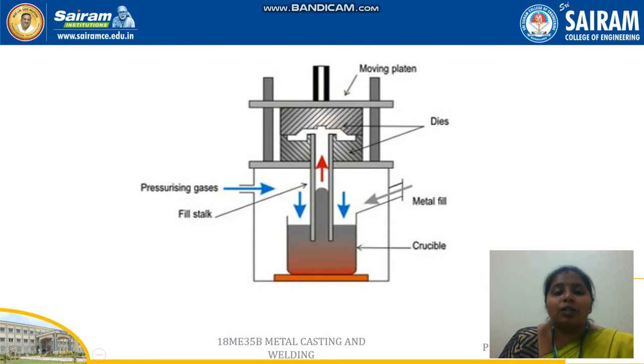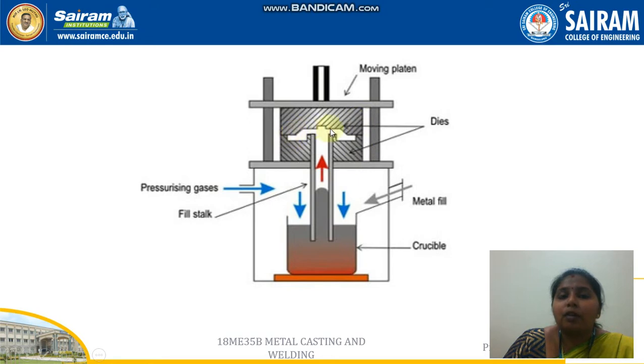This is how the arrangement of a low pressure die casting process is. There is a molten metal unit, where the molten metal is filled and this is injected into the dies. Here you can see, with the help of the pressure, the molten metal is injected into the die. There are two dies, one fixed and the other movable.